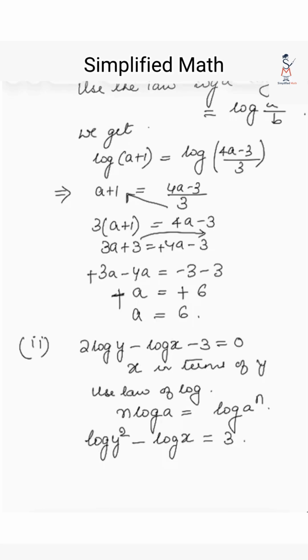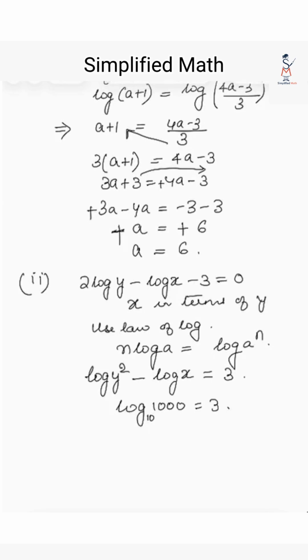Now we know that log 1000 to the base 10 is 3. Why so? Because 1000 can be written as 10 raised to the power 3, and this can be written as 3 log 10 to the base 10, and log 10 to the base 10 is 1. So 3 into 1 is 3.